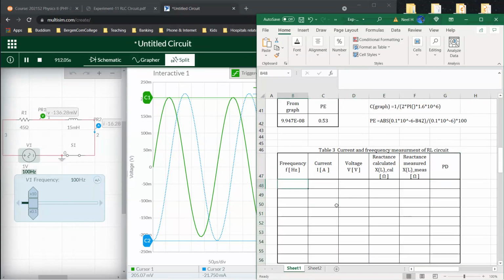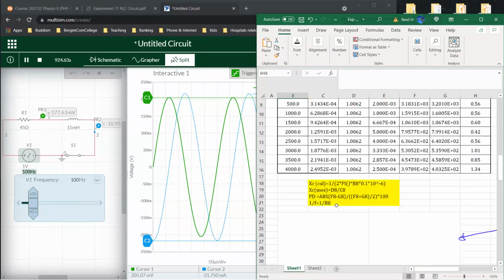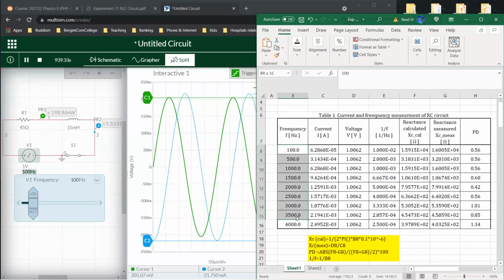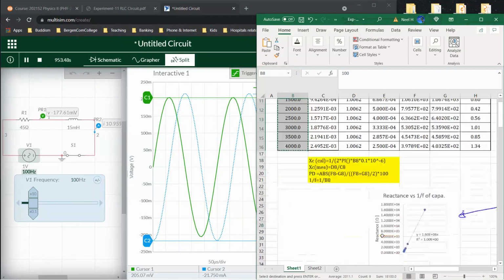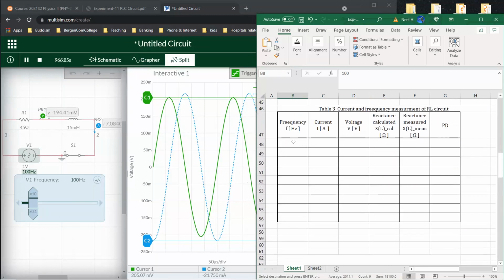All right, so we'll use the frequency in about the same range, not necessary, but that will give us a really good comparison to the previous, right? Exactly the same range, starting from 100, and the current I'm measuring through the circuit is about 21.750 milli.